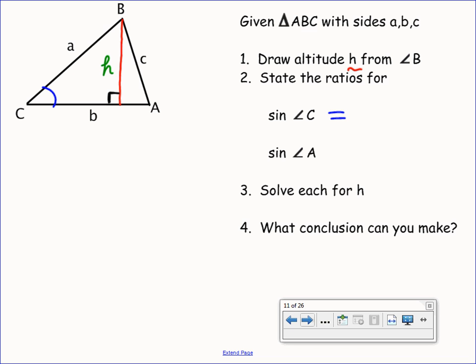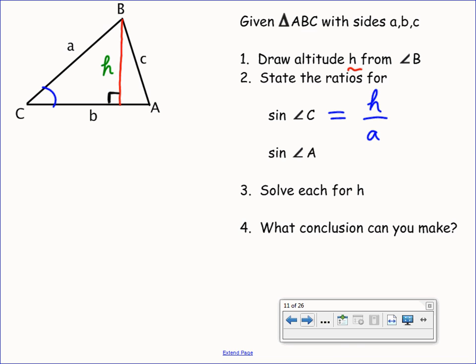The left right triangle would have a sine ratio opposite over hypotenuse. That would be what ratio? Well, opposite angle C would be side length what? H. And the hypotenuse in that left right triangle would be what, Jacques? A. So guess what? The sine of angle C is H over A.